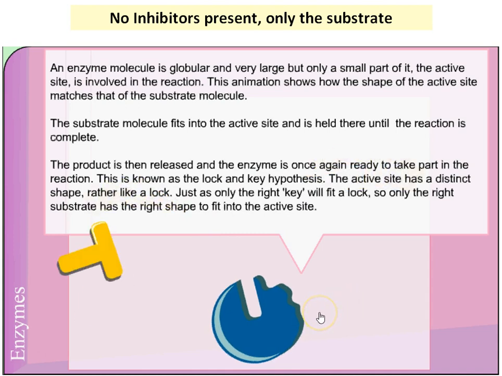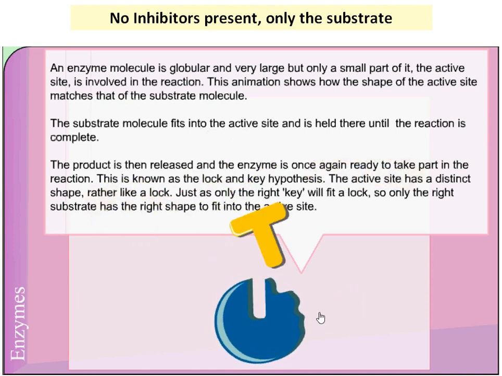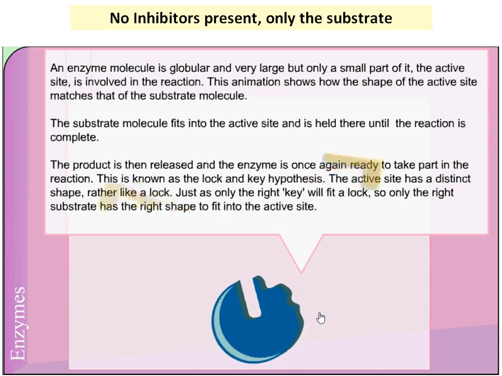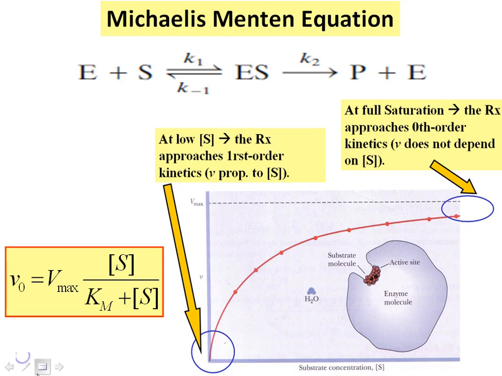If we have a given number of enzyme molecules, which is usually much less than the number of molecules of substrate, then there will come a point where saturation happens. At the beginning, the number of substrate molecules is comparable with the number of enzyme molecules available in the medium.